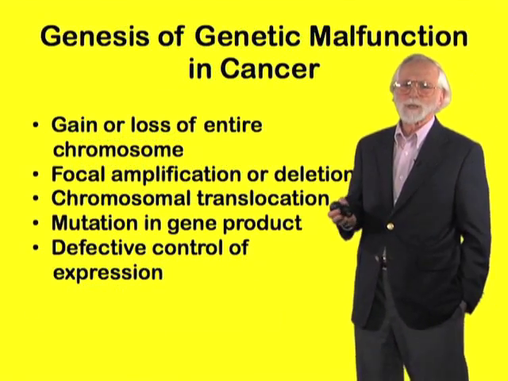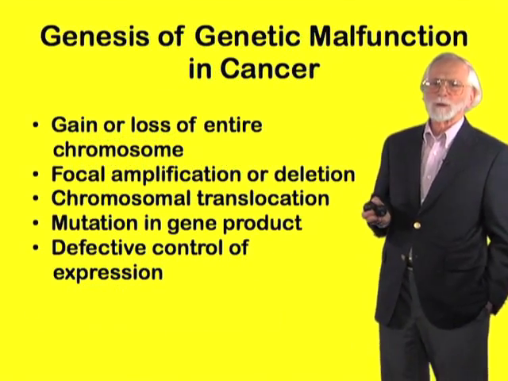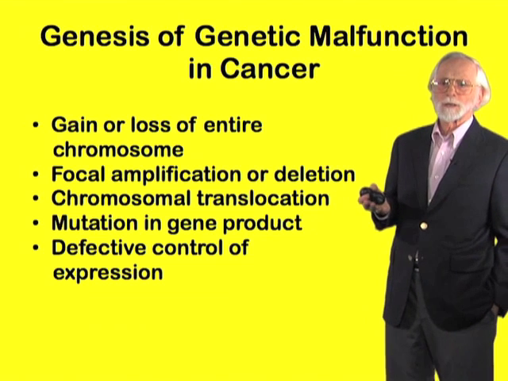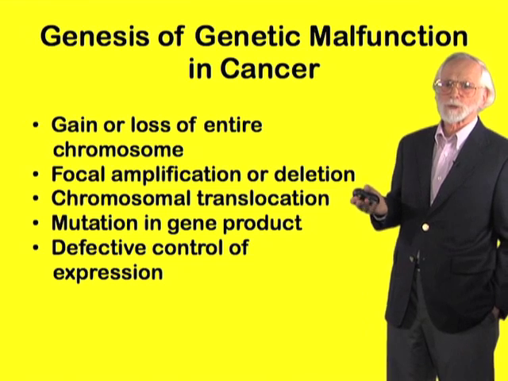A variety of events can create the genetic malfunctions in cancer, and these all can affect either a proto-oncogene or a tumor suppressor gene.